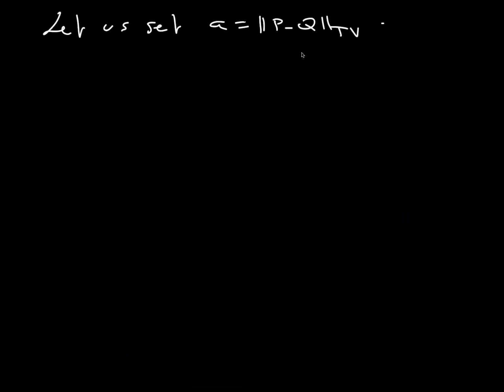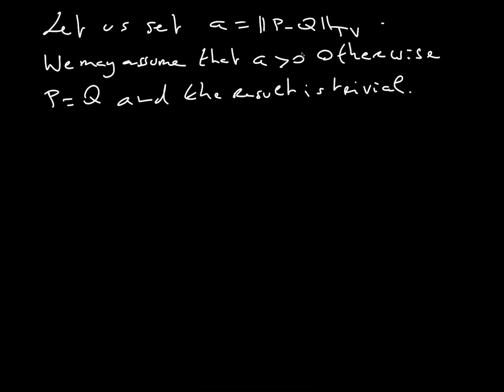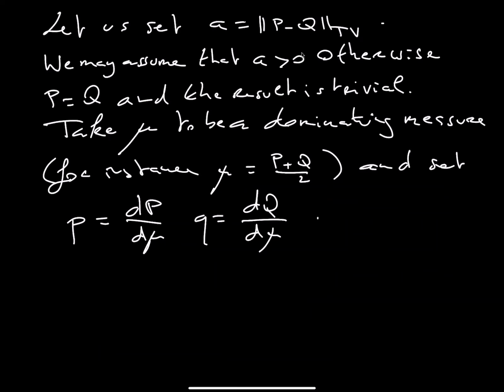So if we set A to be equal to the total variation distance between P and Q, we exclude the fact that A is equal to 0, otherwise it's trivial. And if A is positive, we construct P as a mixture, as I was saying.